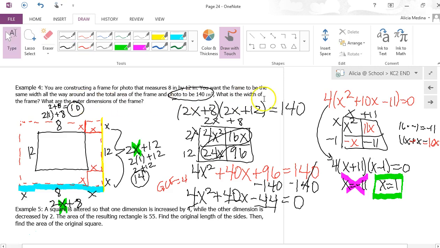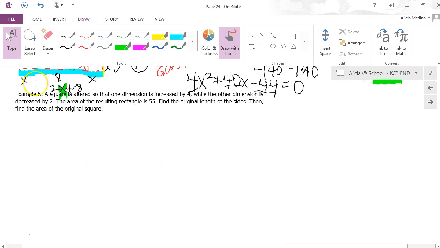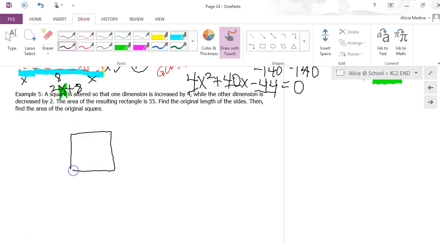All right, last example for this note packet is going to be example number 5. It says a square is altered so that one dimension is increased by 4, while the other dimension is decreased by 2. The area of the resulting rectangle is 55. Find the original lengths of the sides. Then find the area of the original square. So if I had a square, square means that each side is the same, right?